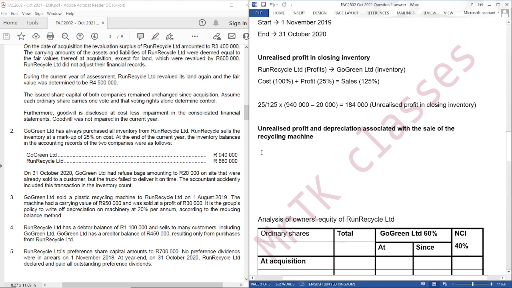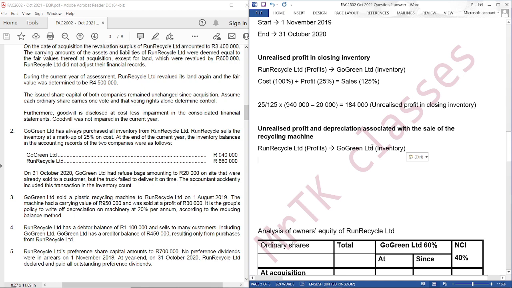This time around the seller is Go Green Limited, the buyer is Run Recycle Limited, and this is machinery, PPE, which is property, plant and equipment.